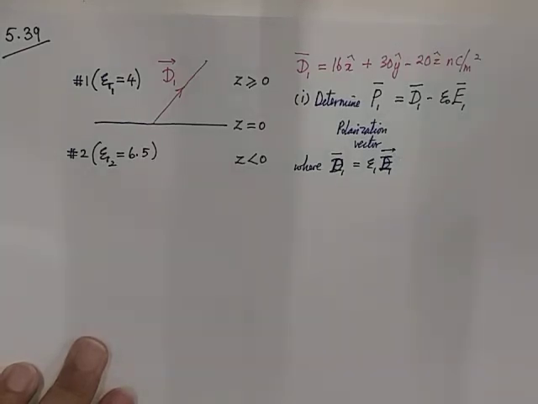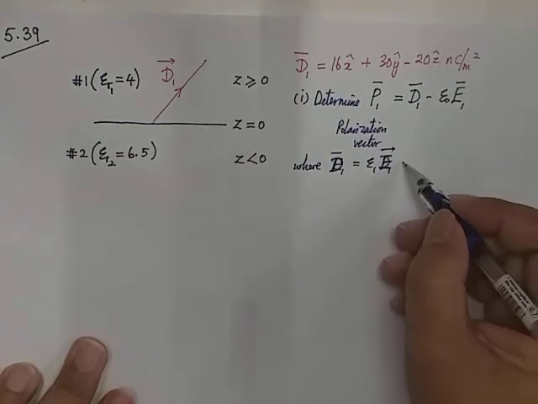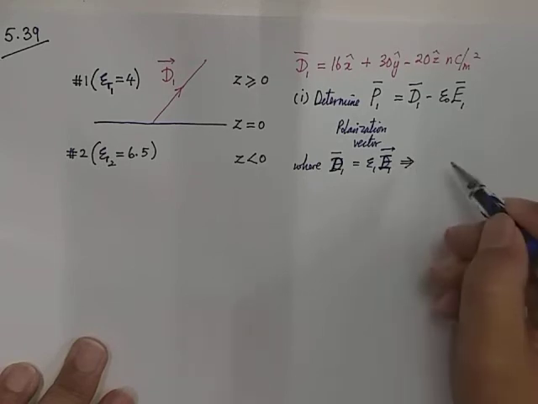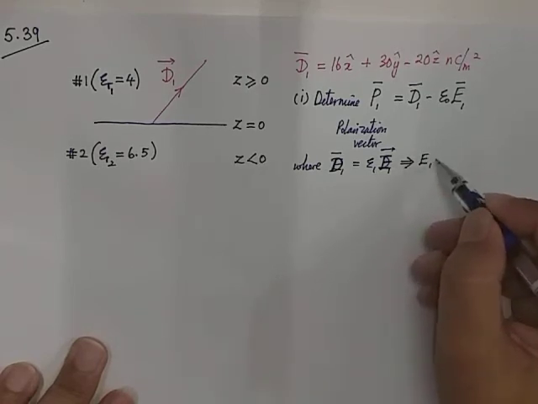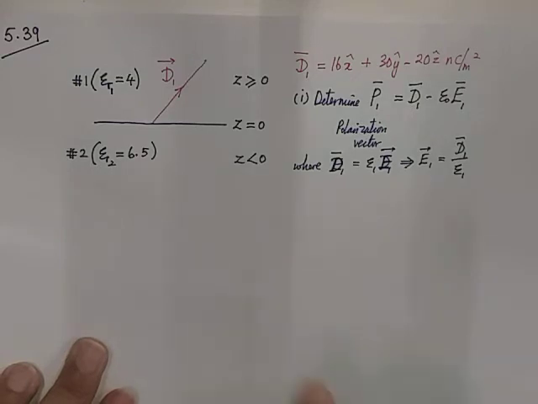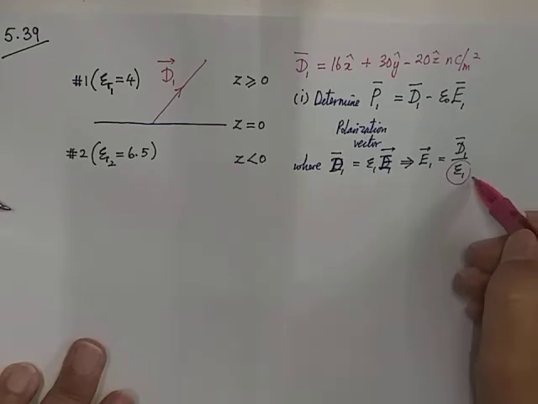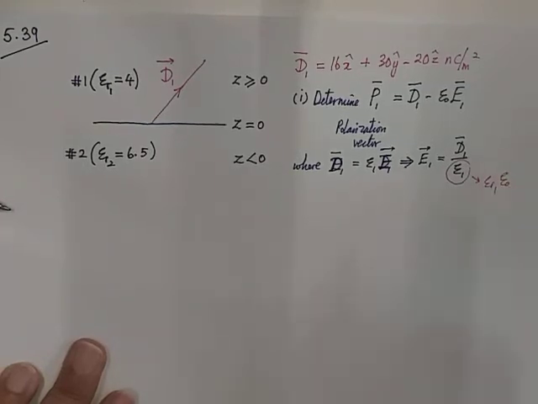Since what is given here is D, we need to find E. So E1 should be equal to D1 divided by epsilon 1, and epsilon 1, as we already know, is defined as epsilon R1 epsilon naught.